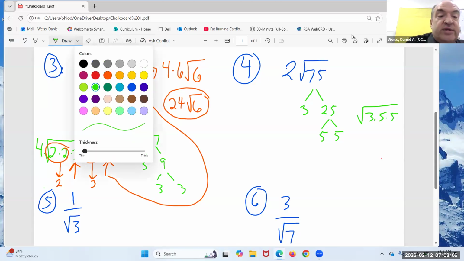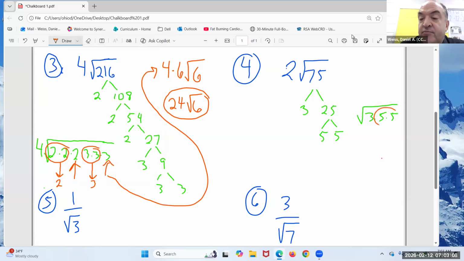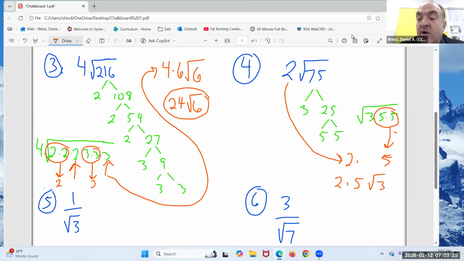We circle the pair, and that just becomes 5. So you have this 2 times the 5. So you have 2 times 5, and you're left with square root of 3, or just 10 square root of 3 will be your simplified answer.